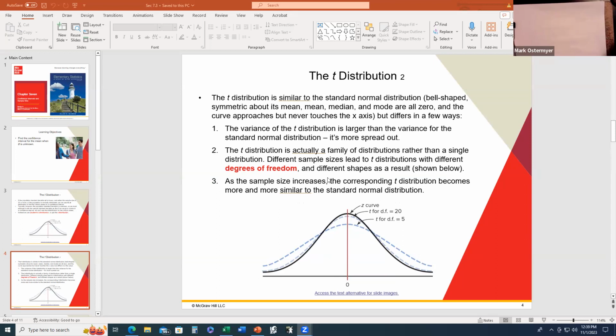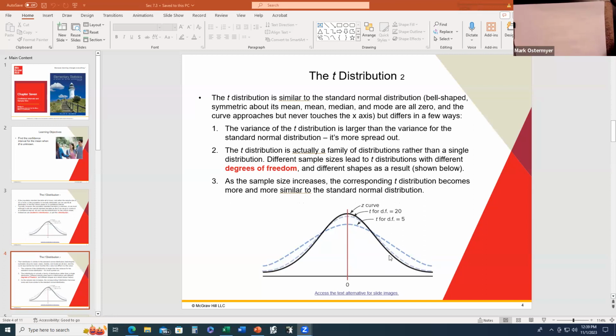The t distribution is actually a family of distributions rather than a single distribution. Different sample sizes lead to a t distribution with different degrees of freedom, which results in a slightly different shape for the probability curve. As the sample size increases, the corresponding t distribution becomes more and more similar to the standard normal distribution, and your degrees of freedom increases.